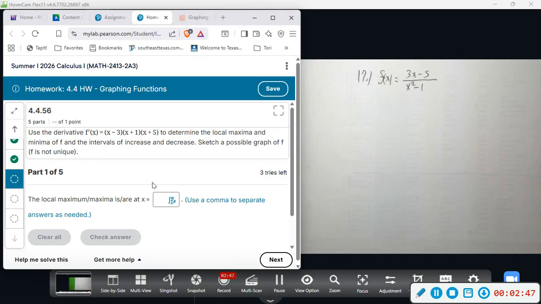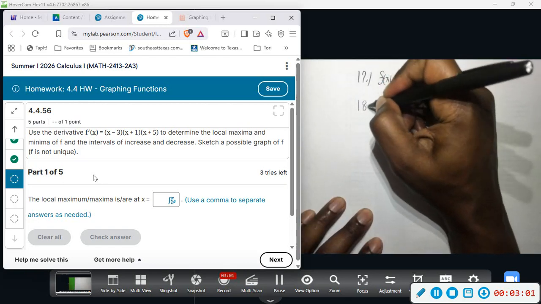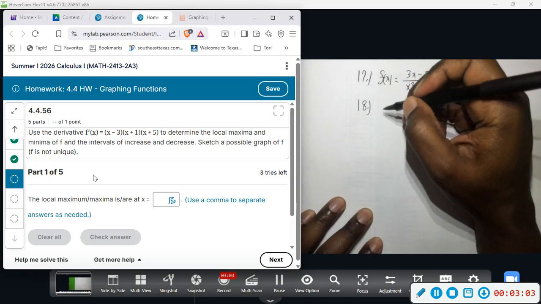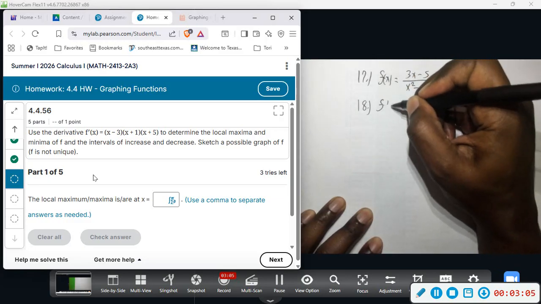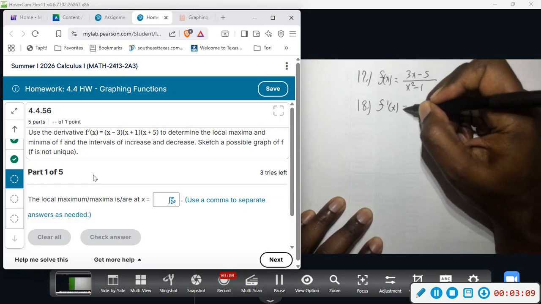All right, number 18, we want to use the derivative to determine the local max and minima, intervals of increasing and decreasing, and then sketch a graph. All right, so we have our derivative. The derivative is going to allow us to find the max and min and increasing and decreasing intervals.